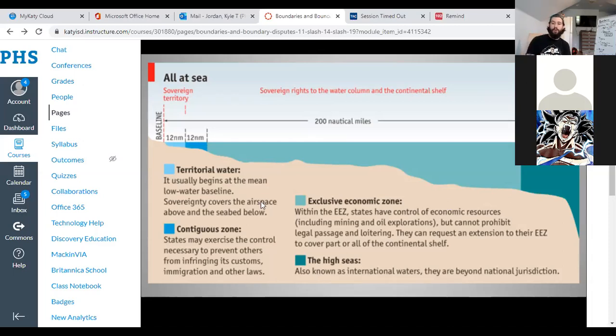Basically, people can move through those zones fine, as long as they're not trying to take wealth from this area. If you're trying to take minerals, fish, or pump oil out, that's a problem. You can't do that. Those 200 nautical miles give countries exclusive economic rights to those areas.